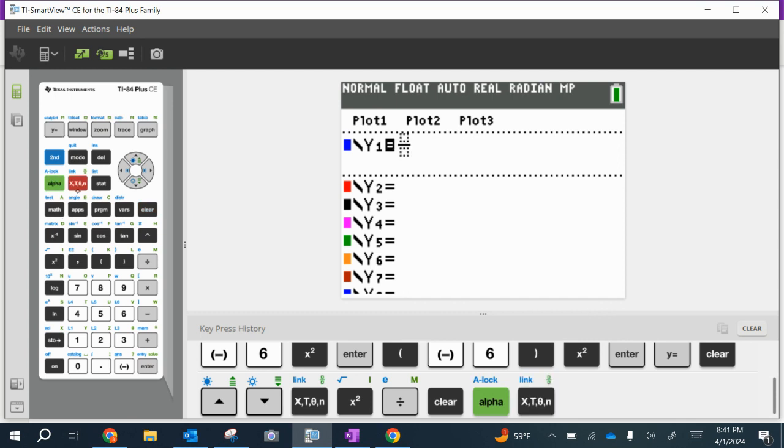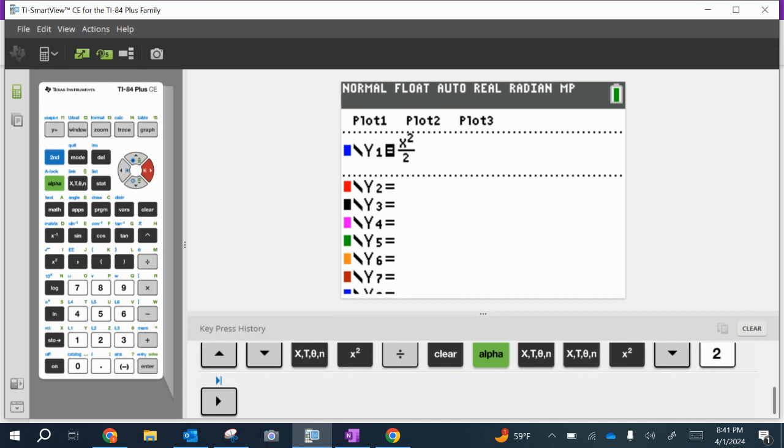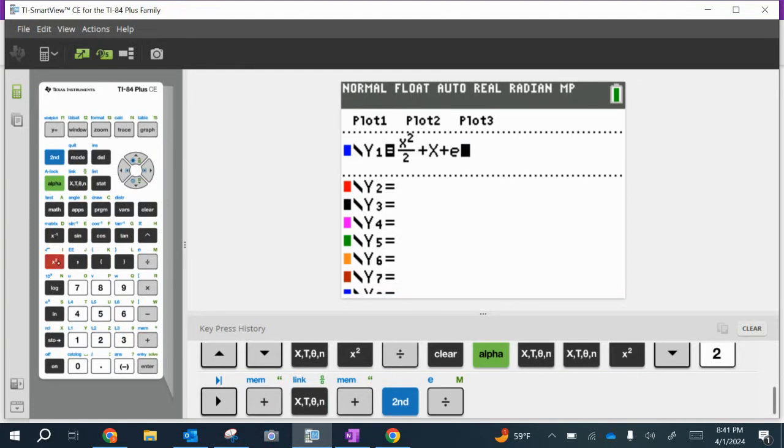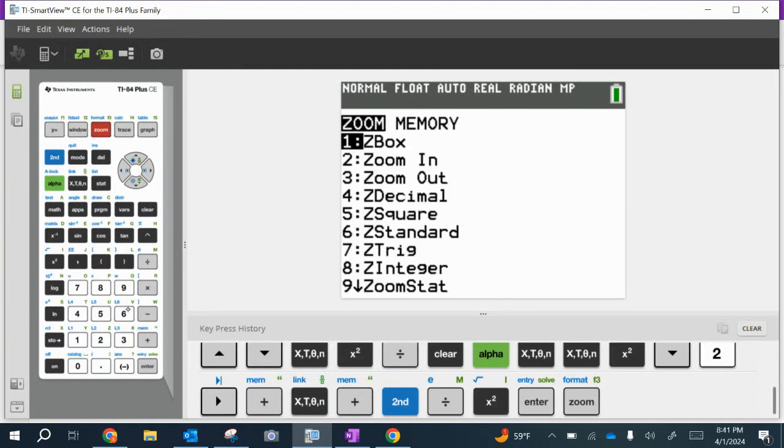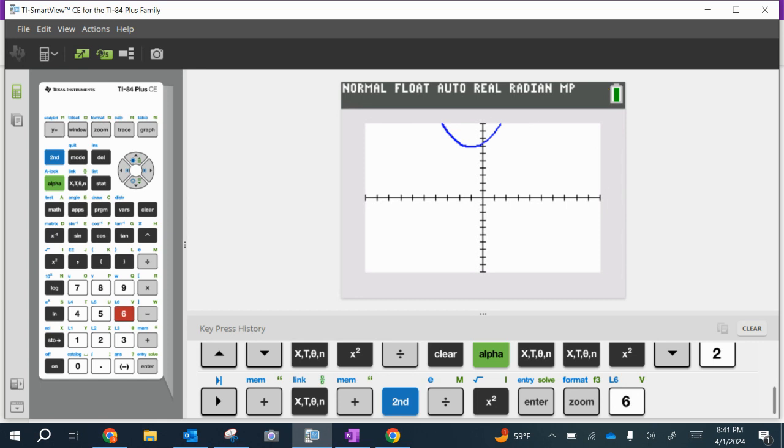I'll enter x squared over 2 plus x plus e squared, and then graph this, let's go zoom 6 and see what I see. It's a quadratic.